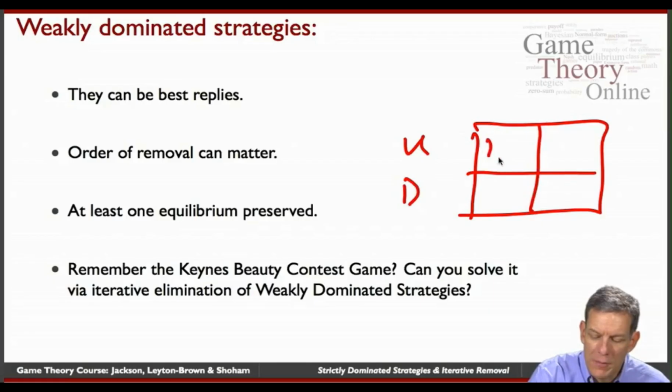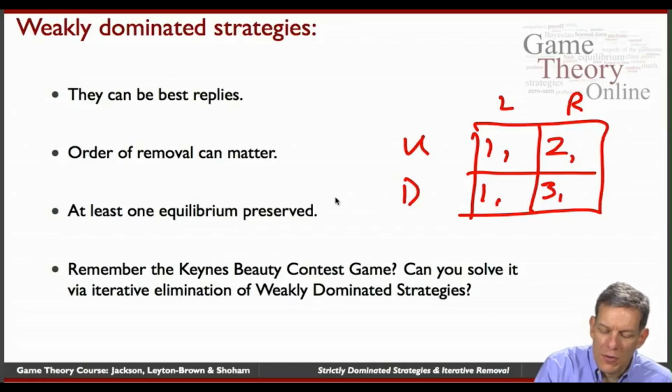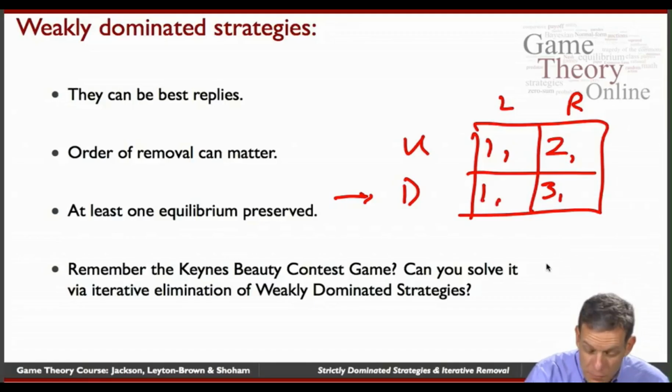If they go up, they get a payoff of 1 against left and right of the column player. Here they get 2, here they get 3. So this would be a situation where down weakly dominates up, right? You always get at least as high a payoff and sometimes strictly higher.